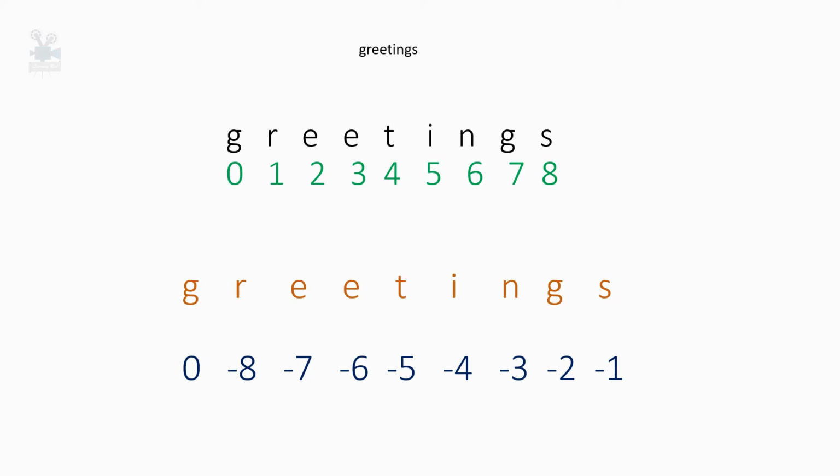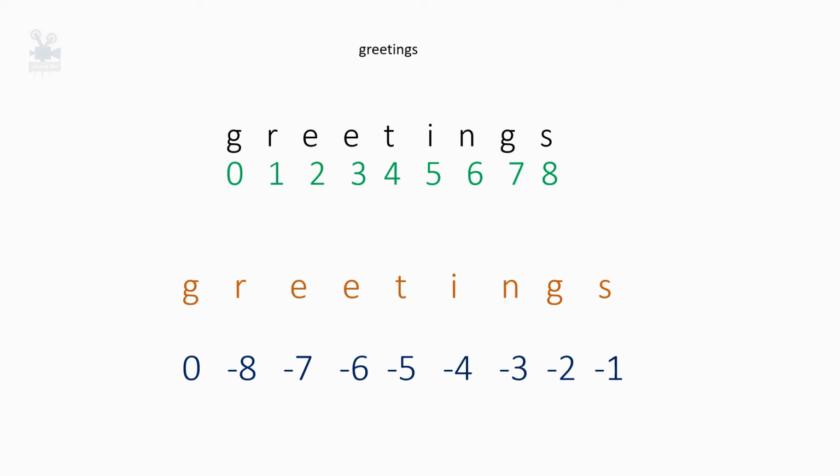Here, G has index 0, R is 1, E is 2, the next E is 3, and so on. And if you see the bottom one, you can see the negative string indexing. Negative numbers mean that you count from the right instead of the left. It's an alternative option in Python, which supports using negative numbers to index into a string. -1 means the last character, -2 is the next to the last, and so on.